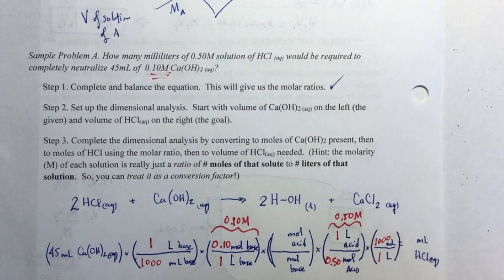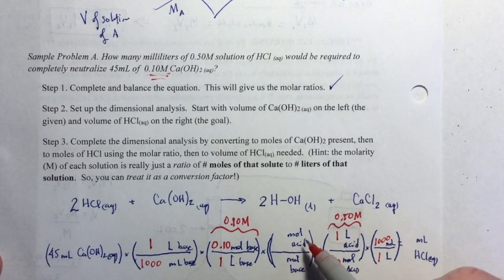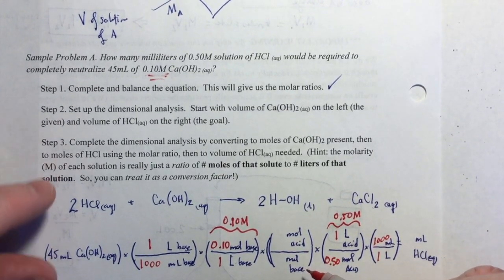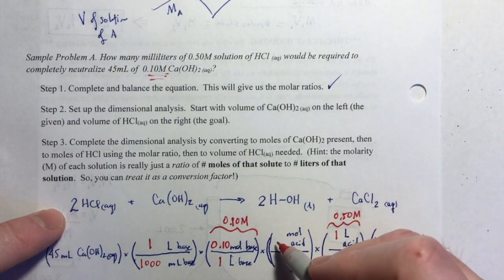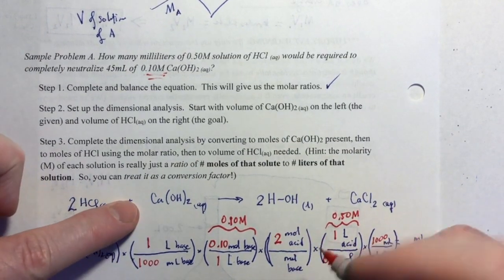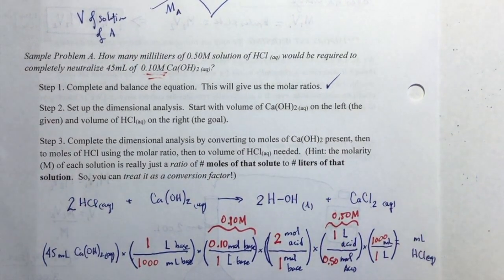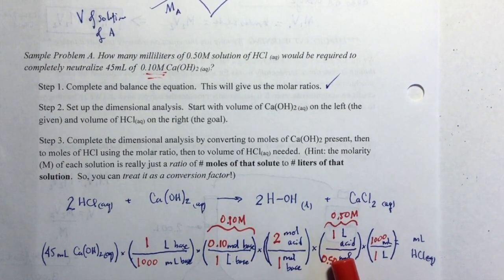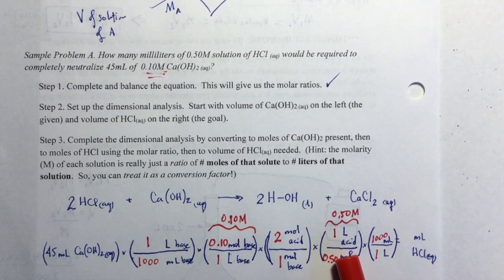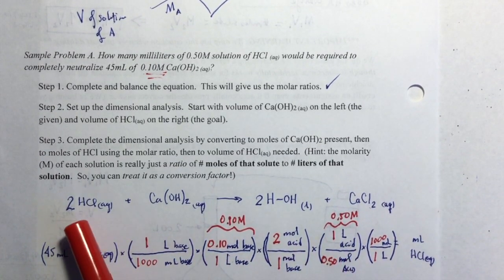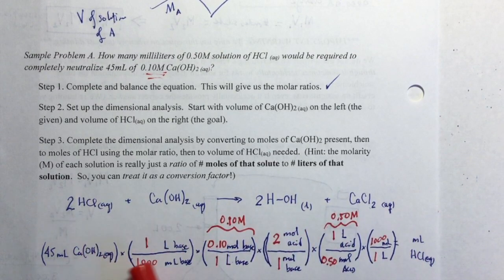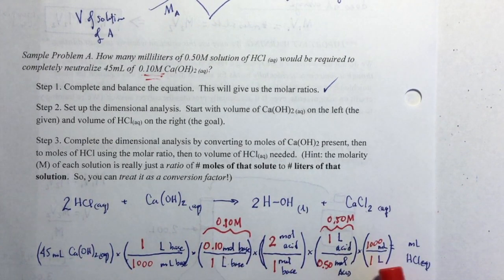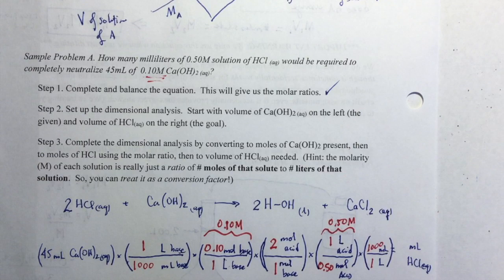Okay. And now we have the heart of our stoichiometry, the mole to mole ratio. The moles of the acid, there are 2 moles of acid to 1 mole of the base. Now we have our dimensional analysis set up. We are using our molarities as conversion factors. And because it is a chemical reaction, we're using the stoichiometry approach and not the dilution equation approach.